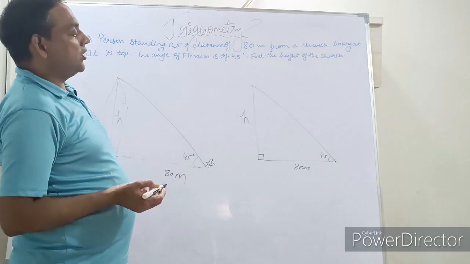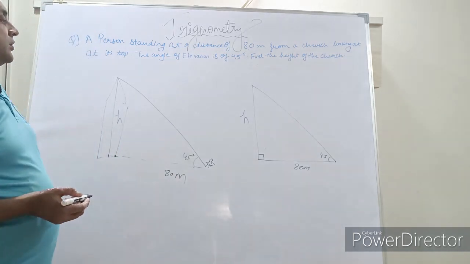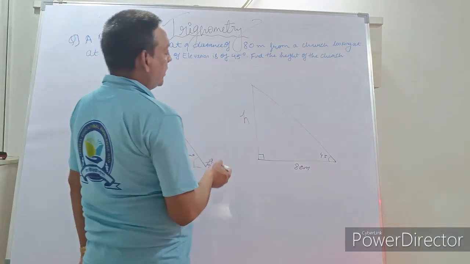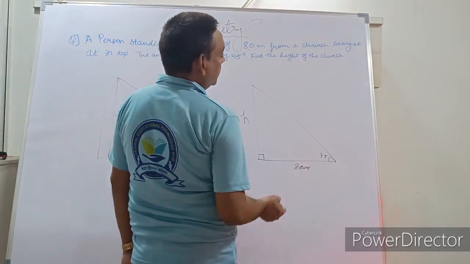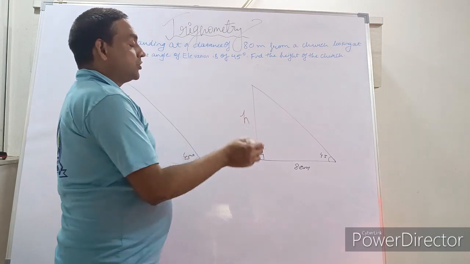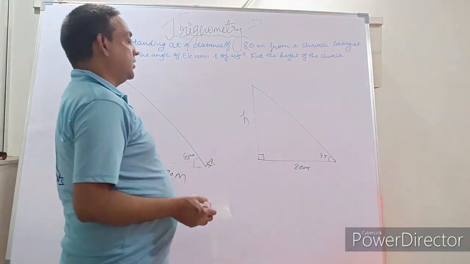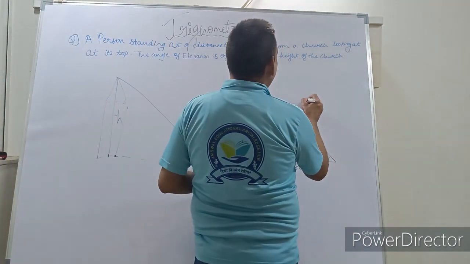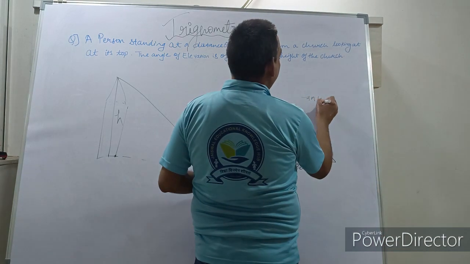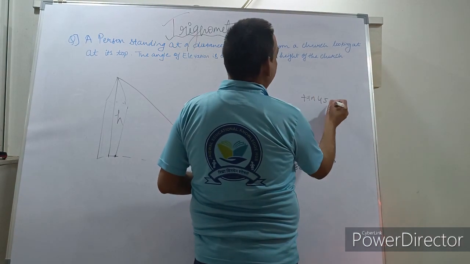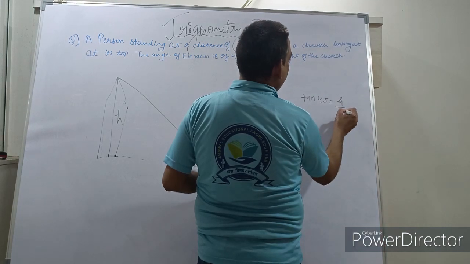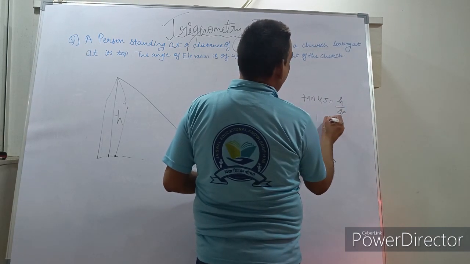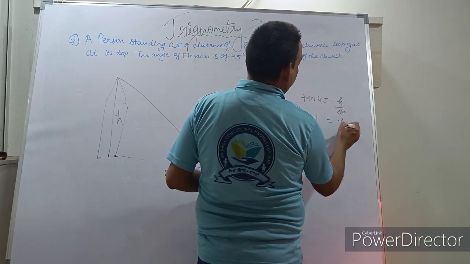Okay, so now it will be very simple, right? This is a right angle triangle, the angle is given, they are asking for the opposite and they have given the adjacent. So where do we get the opposite and adjacent? In the tan formula. So tan 45 is equal to h upon 80. The tan 45 value is 1, so 1 is equal to h upon 80.